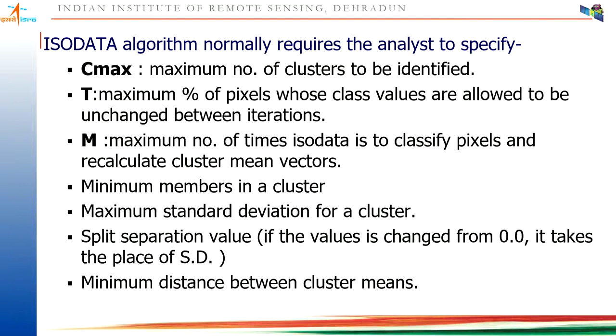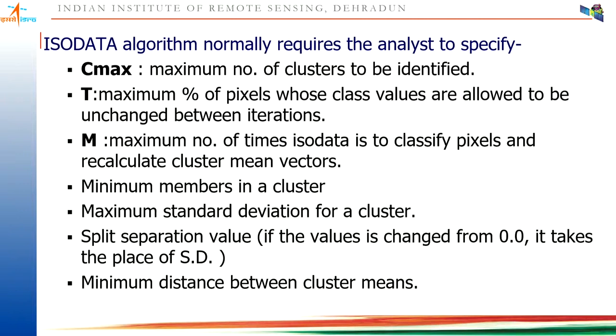Capital T value, that means the maximum percentage of pixels whose class value is allowed to remain unchanged between iterations. Now suppose I have specified this capital T as 98%. Okay, so to break the iteration, the number of pixels which are changing their clusters between the last and last but one iteration is only 100 minus 98, that is 2%.